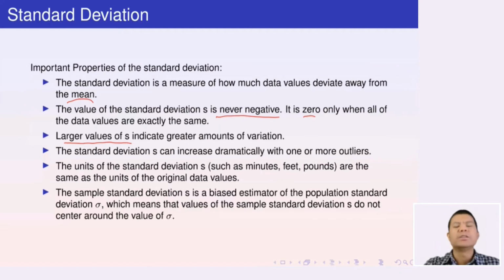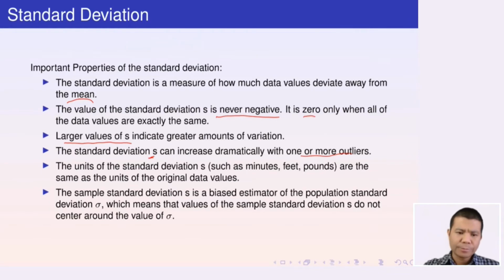The larger, the more variation. Standard deviation can increase dramatically with one or more outliers. Because it utilizes every single value, it is greatly affected and very sensitive to outliers.